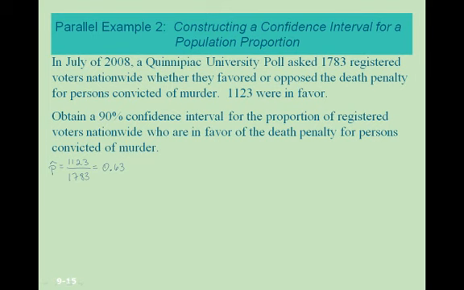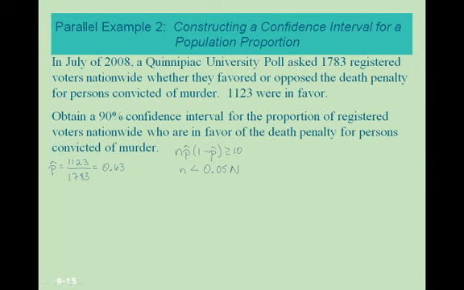And let's make sure that we can do this interval. So we need to check that n times p hat times 1 minus p hat is greater than or equal to 10, and that our sample size is less than 5% of the total population.